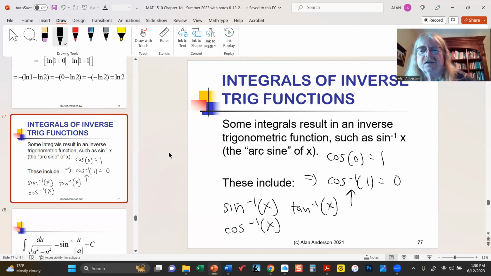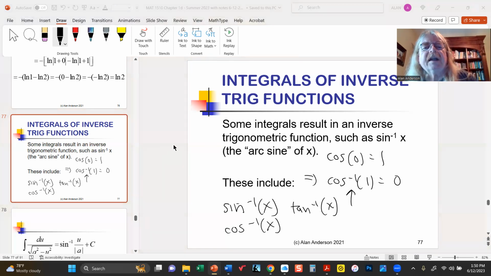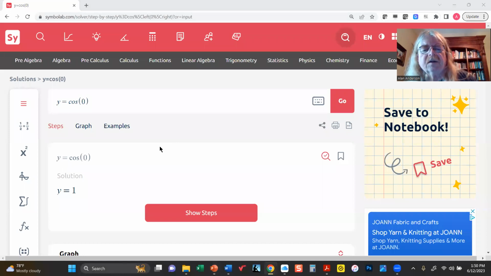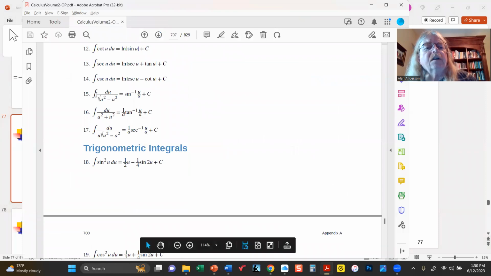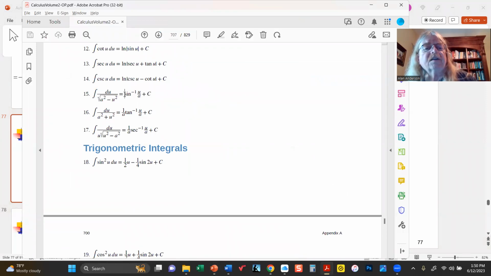It just so happens that in 3 cases from our list of formulas, these last 3, you'll get an arcsine, an arctangent, and an arcsecant. But you have to recognize that form when you see it.